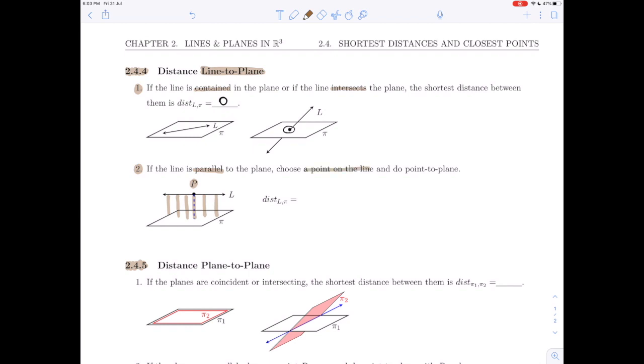You can see one typically in the equation that was used to define the line. Then you compute the distance from the point that you've chosen to the plane. So the distance from L to pi is equal to the distance from the point P to pi, so you're doing distance from point to plane. And that's it. Those are the cases from line to plane.